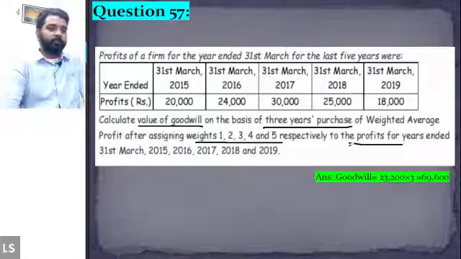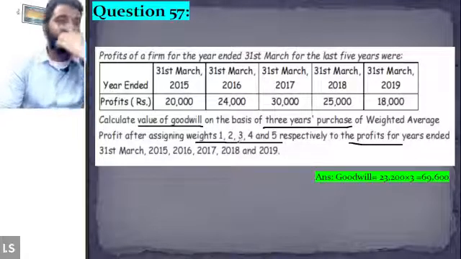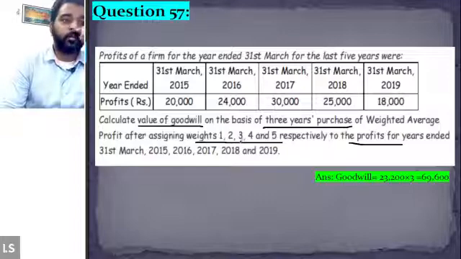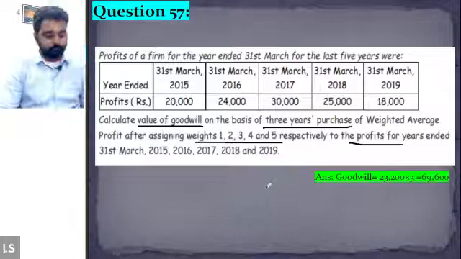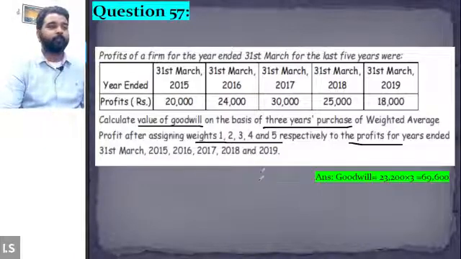So for the first year, 2015, the weight is 1. For the profit of 2016, the weight has been assigned as 2, and for 2017, the weight is 3, then 4 and 5 respectively. So this question is asking us to find out the goodwill using the weighted average profit method.